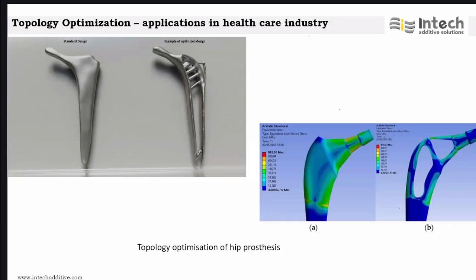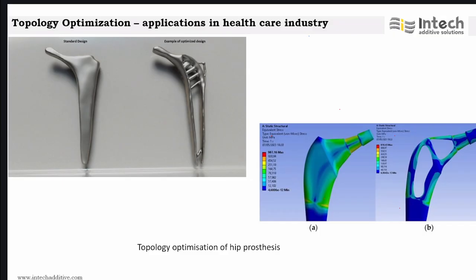So these are some test cases. I'll quickly run through the cases as I'm running short of time. This one is about the hip process, where you have this solid implant which has been optimized.